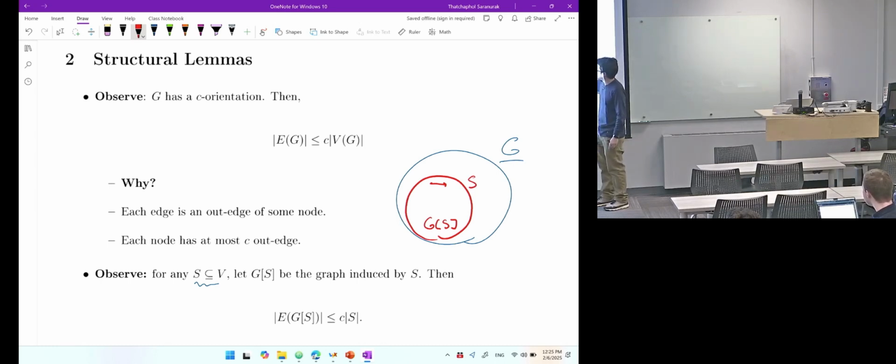This is the graph induced by S. Can you tell me why we can say that the number of edges of the graph induced by S is at most C times S?